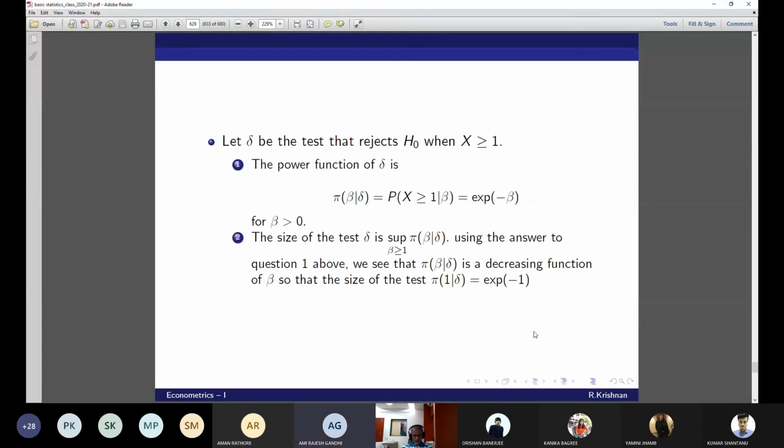Sir, could you explain to me the difference between the size of the test and the power of the test? I'll come to the power of the test and I'm going to calculate it differently.